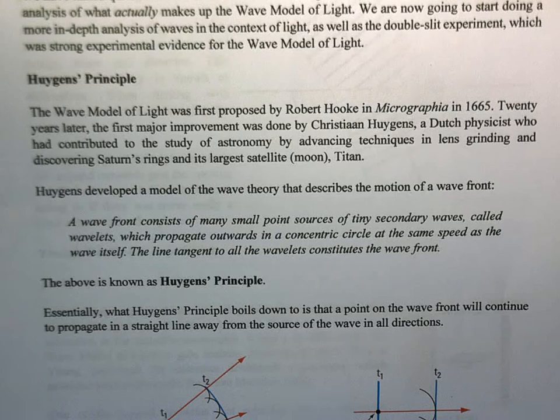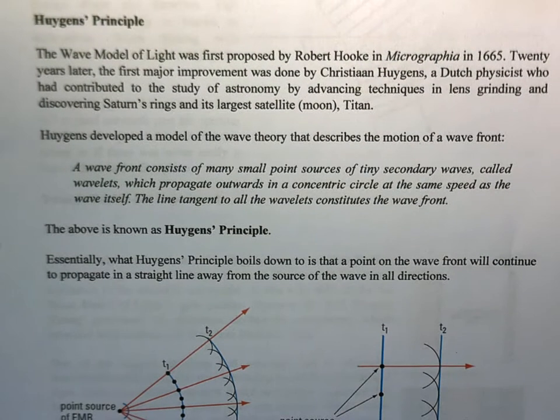At first it may not make a lot of sense, but bear with me, I'll try and sketch out a few things. What Huygens said is that a wavefront consists of several tiny secondary waves, and those tiny secondary waves are what we call wavelets.